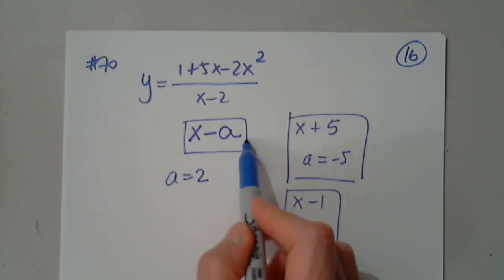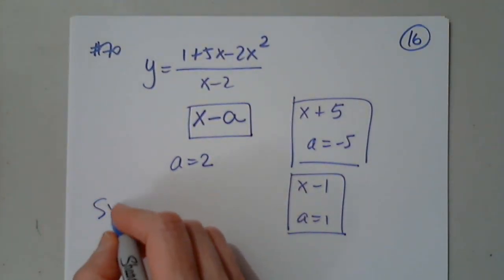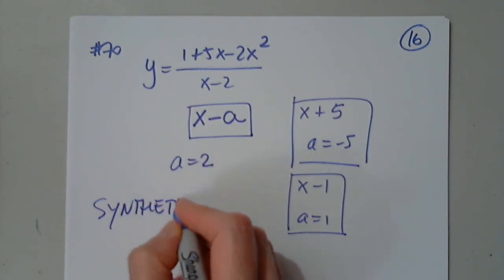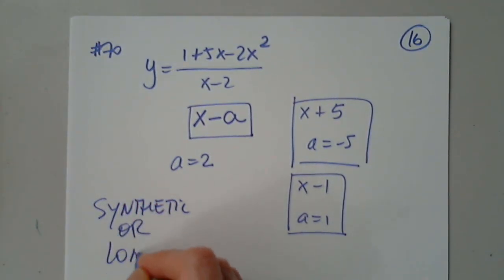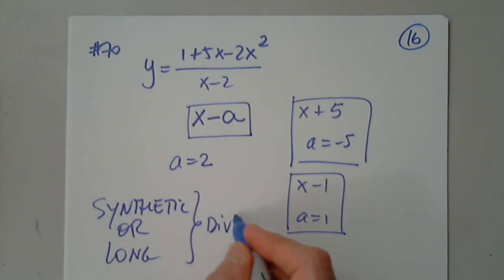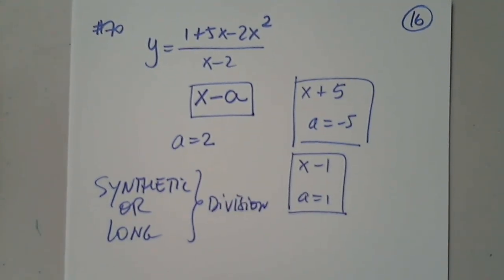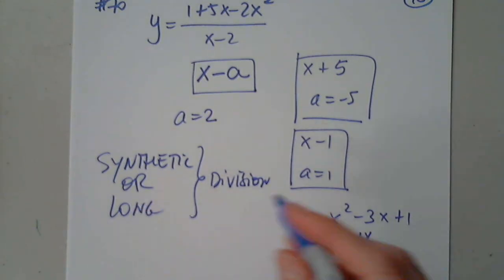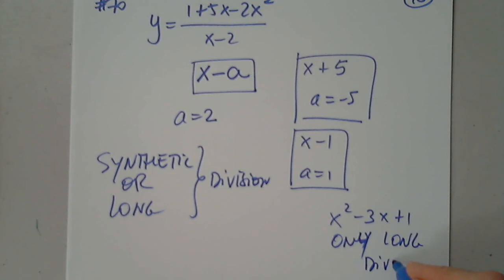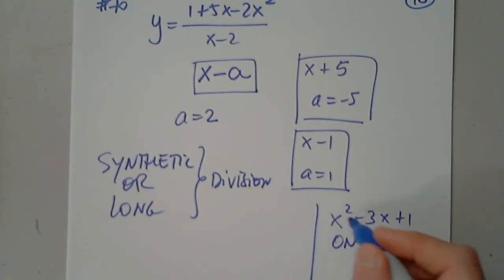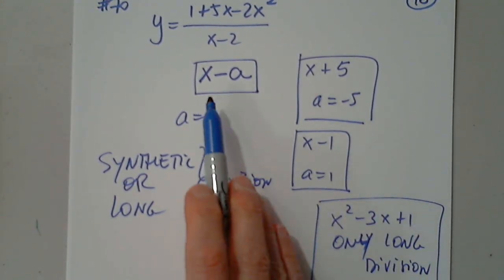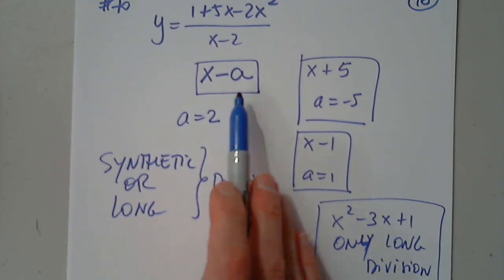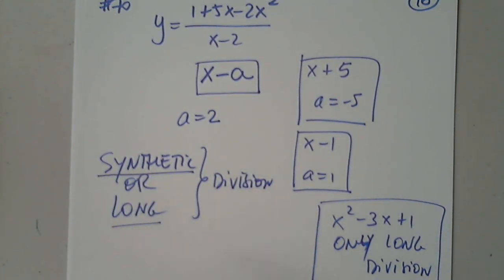Because the denominator looks like this, we can use the synthetic or long division. If the denominator is x squared minus 3x plus 1, only long division. But if the denominator is x minus a number or x plus a number, we can use the synthetic or long. Which one you prefer?